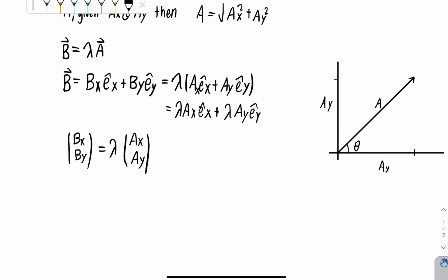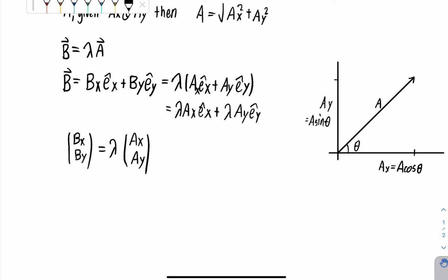So from this, we can define A sub x as being equal to the magnitude times the cosine of theta, and A sub y is equal to the magnitude times the sine of theta. This is going to be very important because usually it's easier to know the direction and the magnitude as opposed to the components.